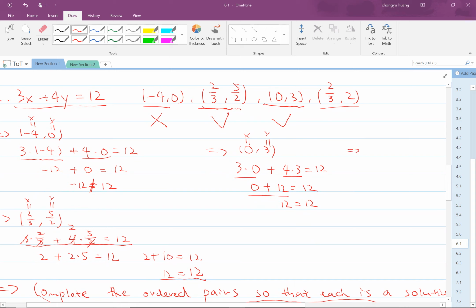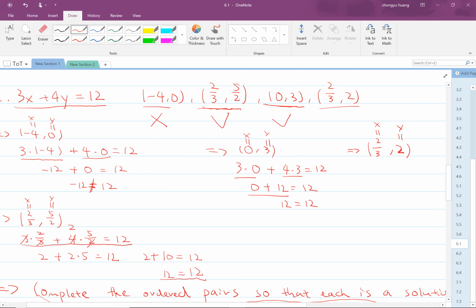So now we are on our last point, 2 over 3 and then 2, right? Oh, there's a problem with my pen. Okay, so we have x equal to 2 over 3, y equal to 2, right?